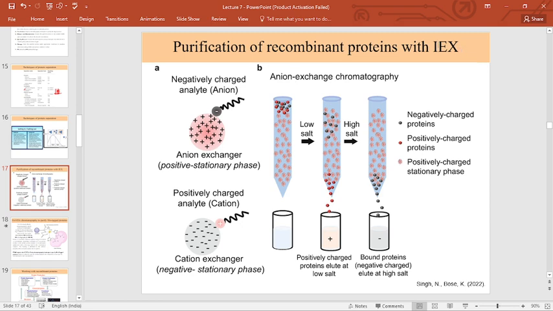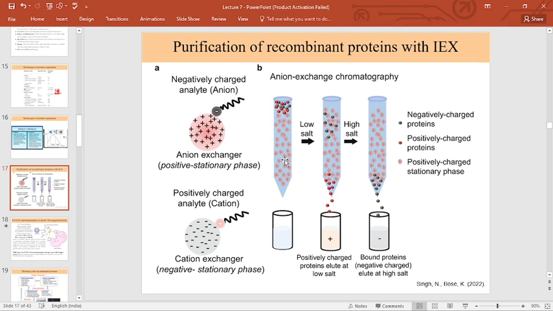Look at this. This is ion exchange chromatography, where the positively charged matrix stationary phase is there, and to this the negatively charged analyte is going to bind. It is exactly the opposite in a cation exchanger, where to the negatively charged matrix the positively charged protein is going to bind, right? And then this is anion exchange chromatography.